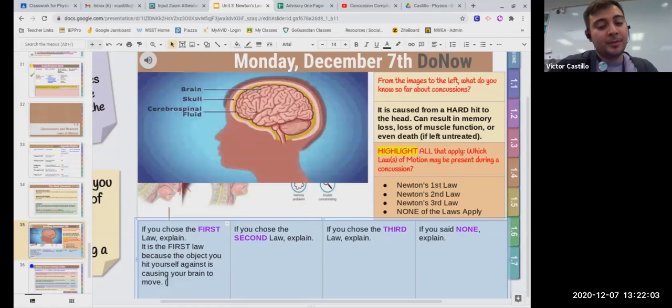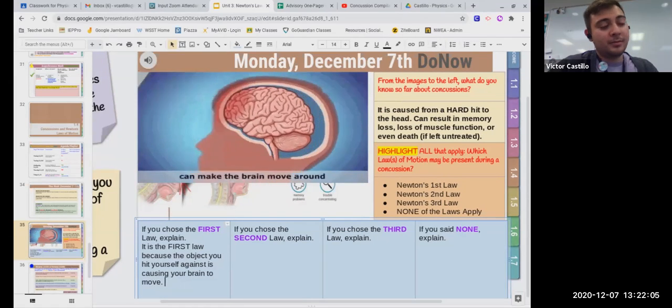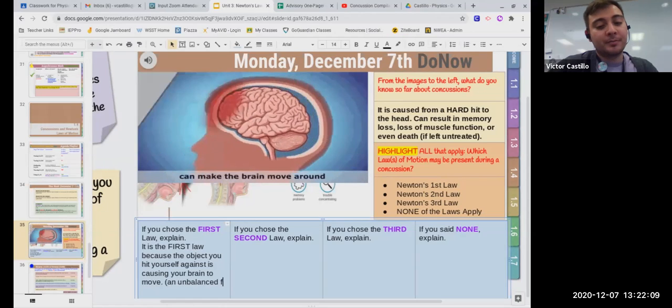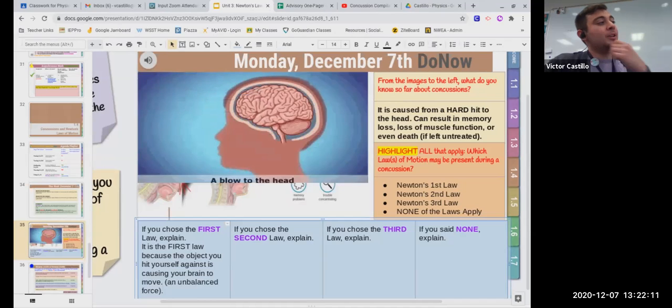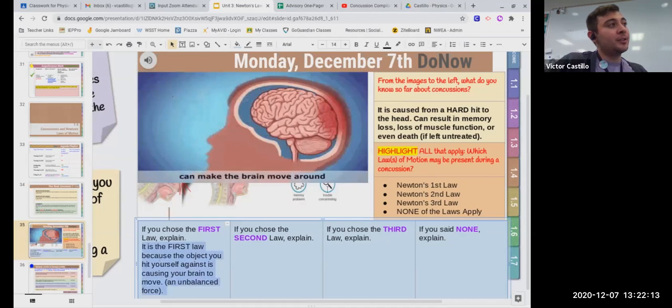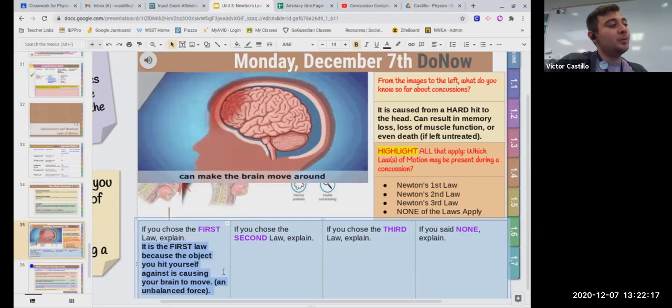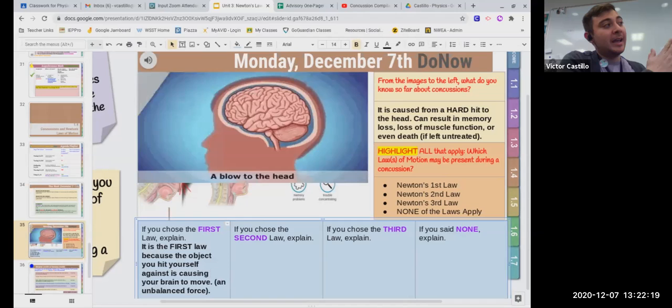So I put an imbalance force. So basically, yes, the first law is because the object you hit yourself against actually causes your brain to move.